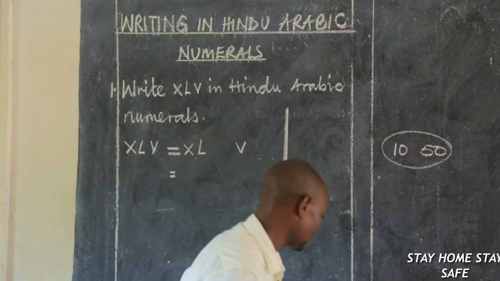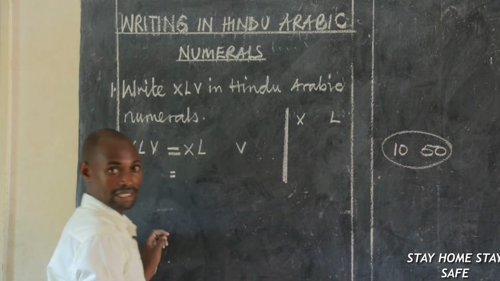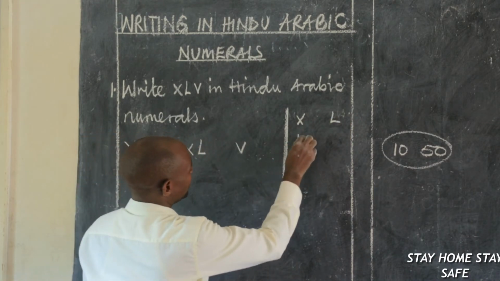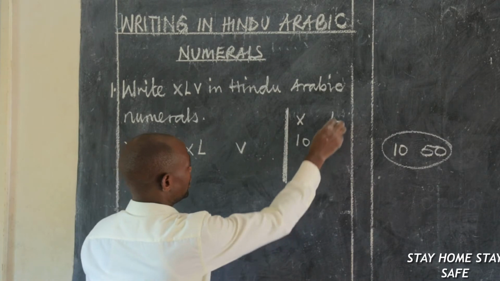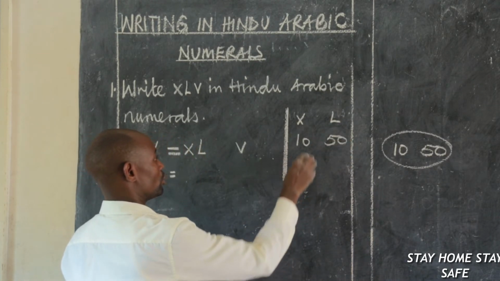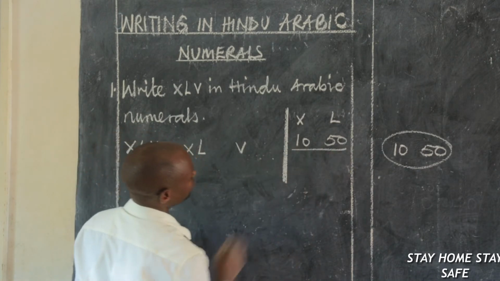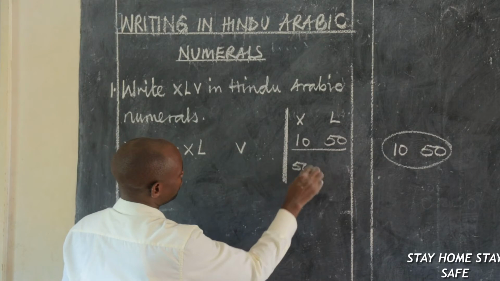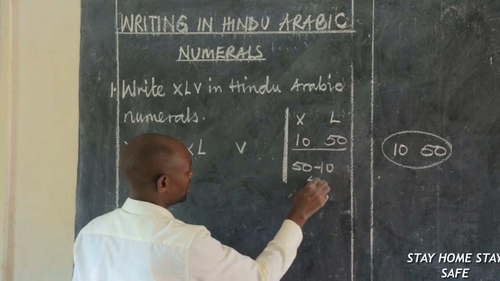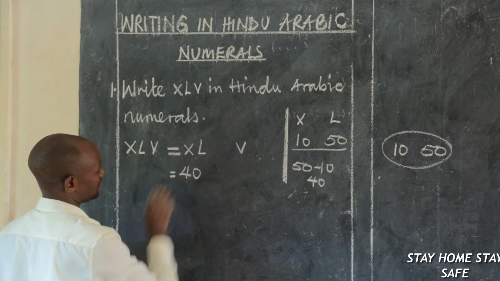On your side work, you will have X, then L. You separate them like that. So this one is 10, then this one is 50. So what you do, you interchange and subtract. A smaller one is not supposed to begin, so it is going to be 50 minus 10, which is going to give you 40. So XL is 40.